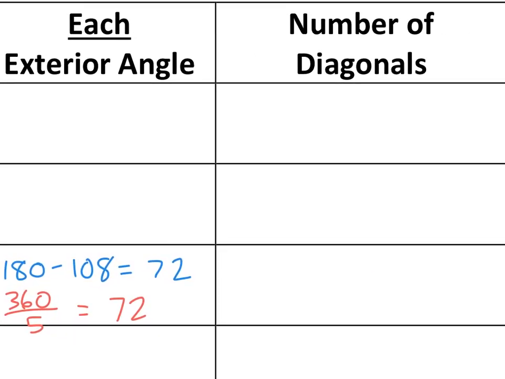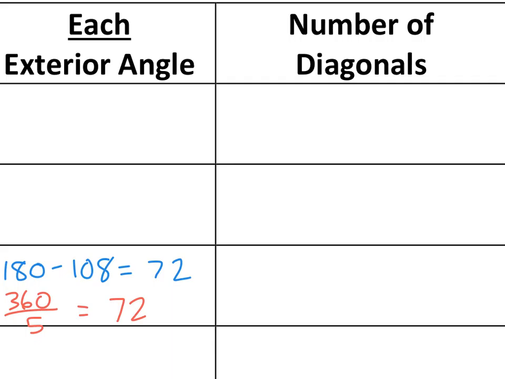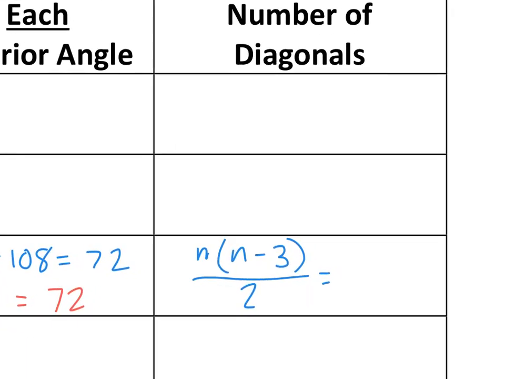And then finally, number of diagonals. We talked about number of diagonals having a formula as well, and that formula is the number of sides times the number of sides minus 3, all divided by 2. So we need to plug in 5 for n since we are working with a pentagon.